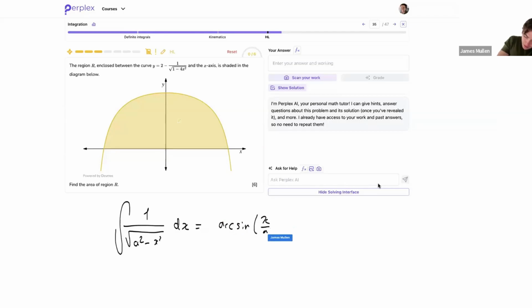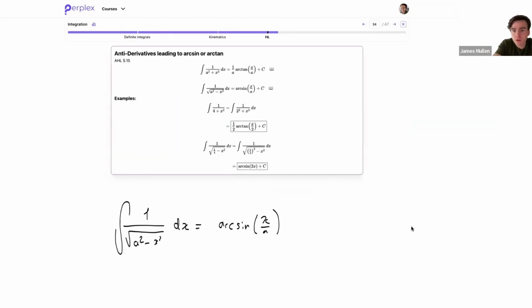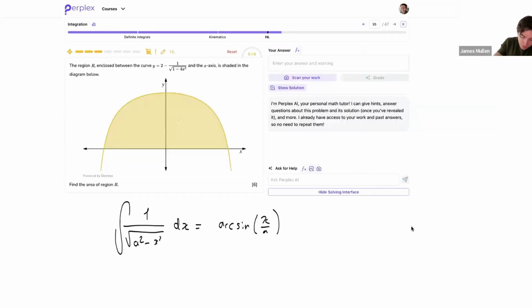over a. Okay? So what I did to turn this into a different answer is I'm going to factor out a from inside of the square root. So I'm going to say that I have the integral of 1 over square root of 1 minus 4x squared.